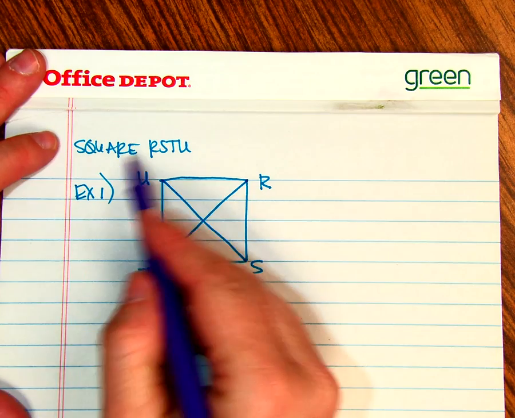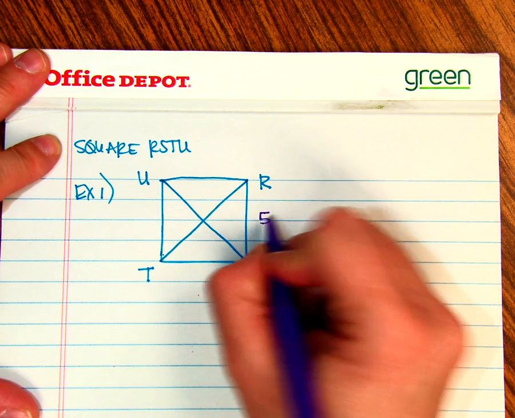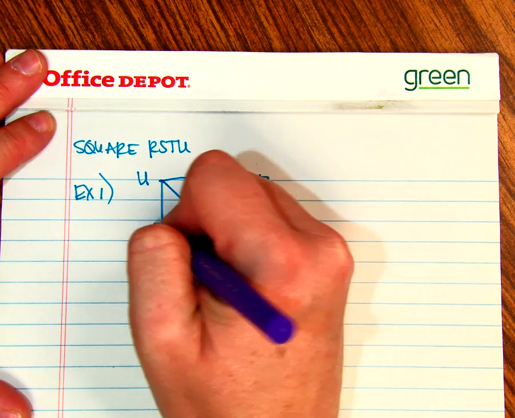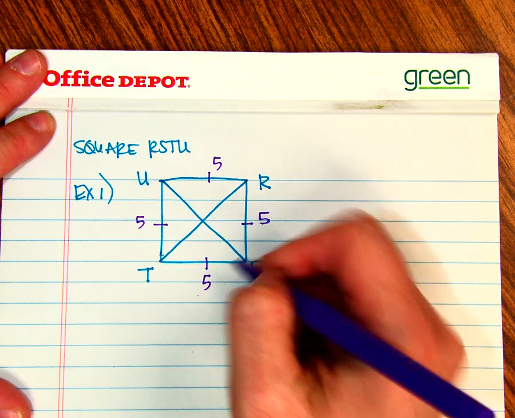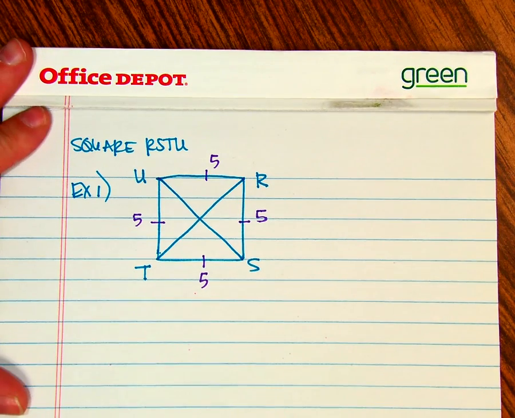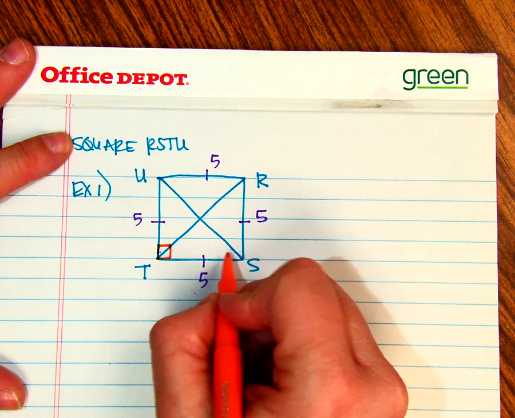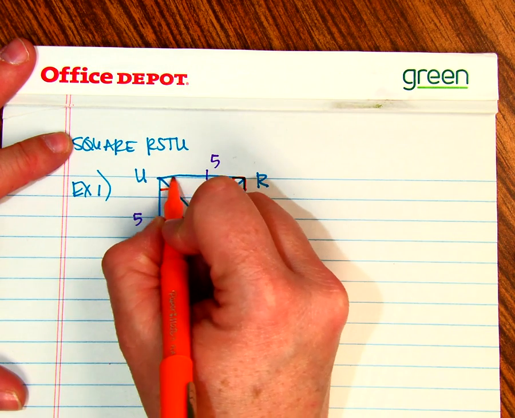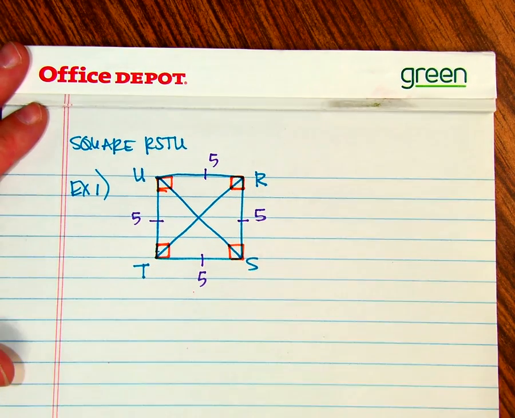If it's a square, and I tell you that this side is 5, then I also know that all of the sides are congruent. So that makes all of those 5. Since it's a square, I also know that we have 4 right angles, so each angle is going to be 90.